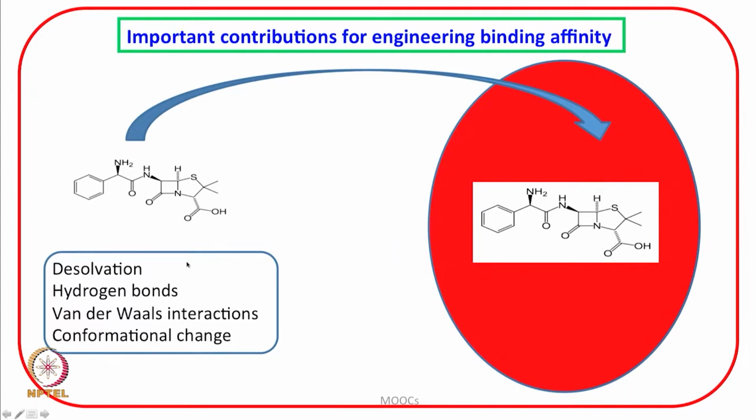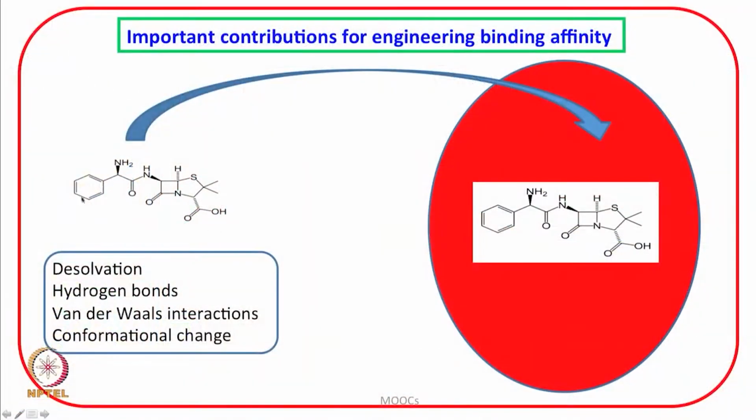Now, we need to go through it a little bit more carefully and closely. One is that the water molecules have to be removed from the immediate vicinity of this molecule as well as from the binding site. And we talked about that once this molecule is placed over here, these interactions will set up. First is the desolvation.